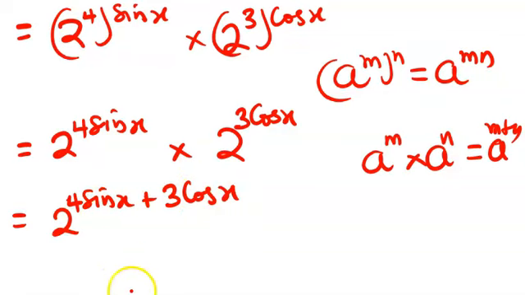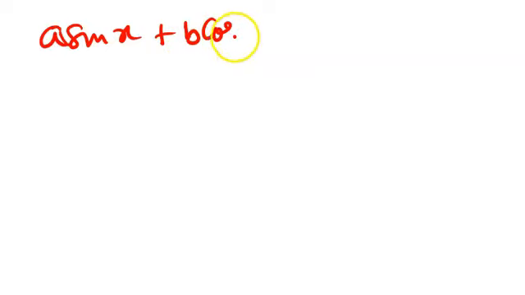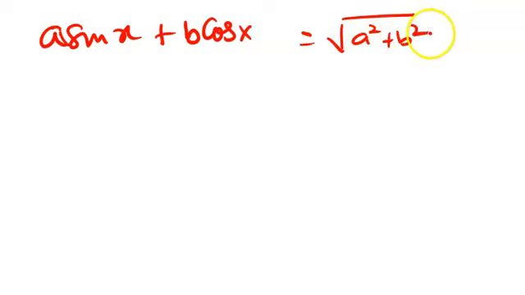Now we have to find the maximum value. Okay. Now, if you have a sin x plus b cos x, the maximum value is equal to the square root of a squared plus b squared.